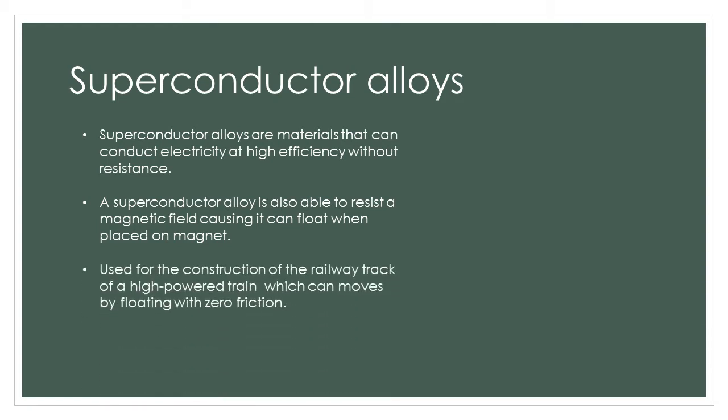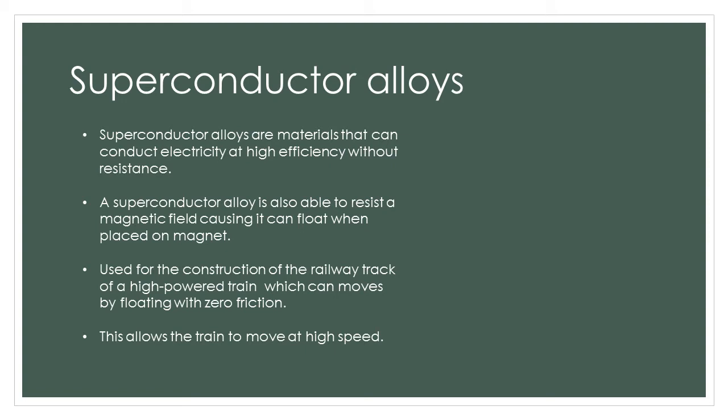So what is the use of this superconductor? Superconductor is used for the construction of the railway track of a high powered train, which can move by floating with zero friction. This type of train is in Japan. It allows the train to move at high speed because the rail and the wheel of the train are not attached.